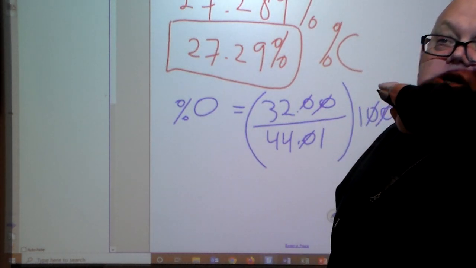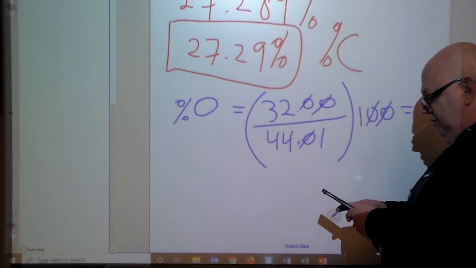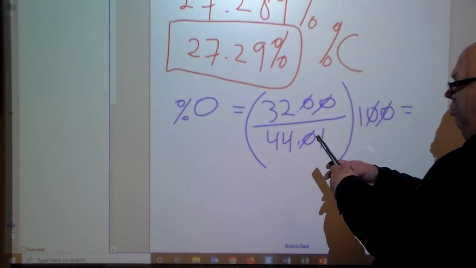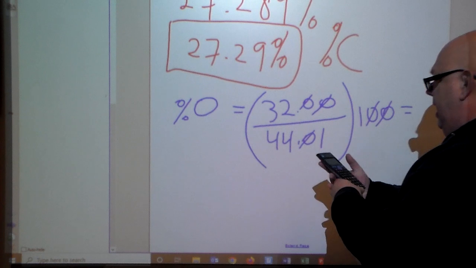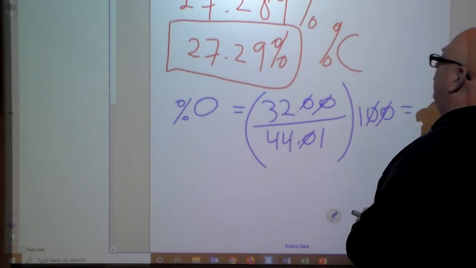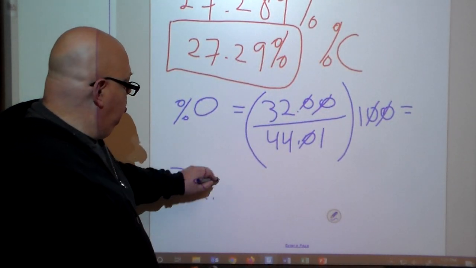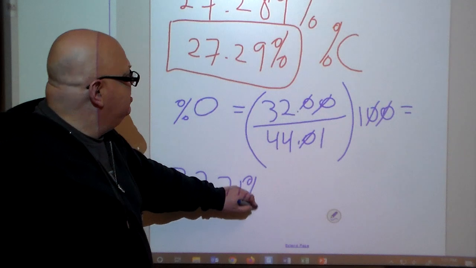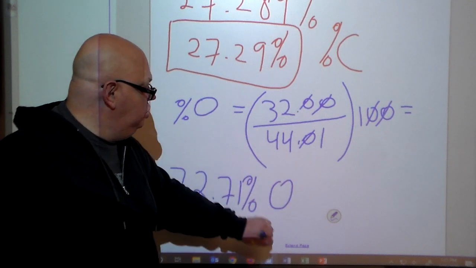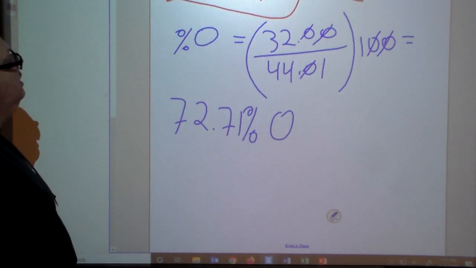It is the most useless thing on a calculator for us. 32 divided by 44.01 and times 100 equals 72.71% oxygen by mass.